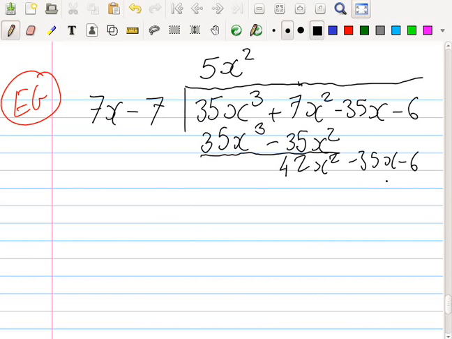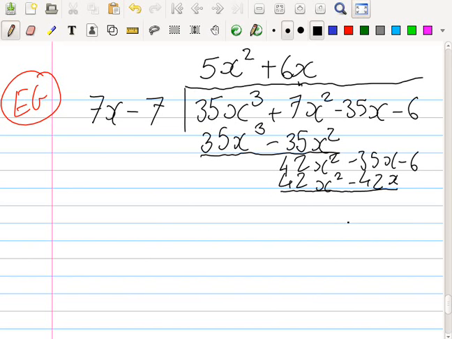Now we start again. What do I multiply 7x by to get 42x squared? 6, isn't it? So here you get 6x. Then you multiply. So you get 42x squared minus 42x. And then you subtract.